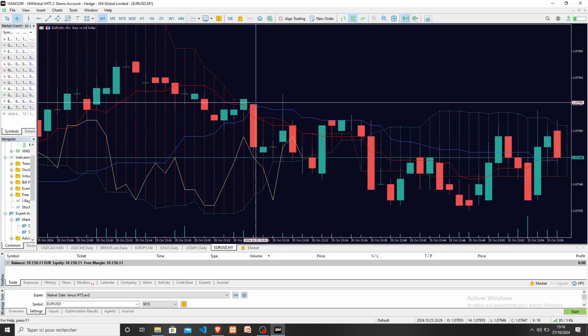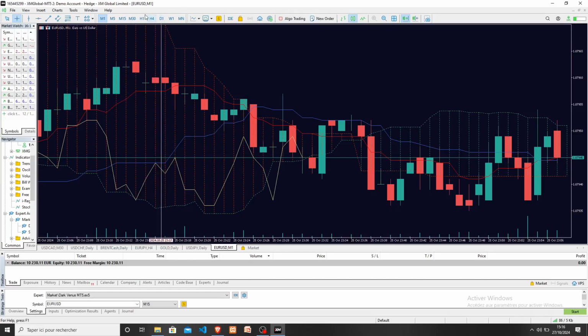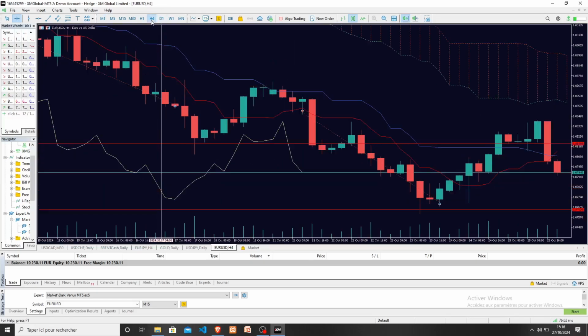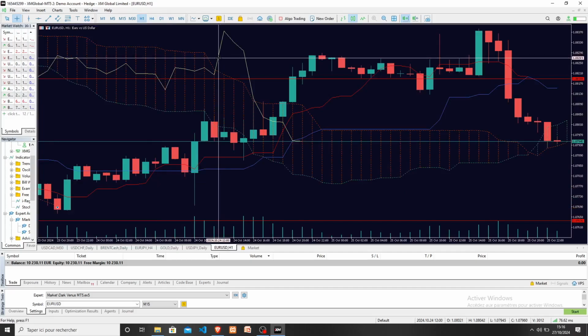So all of that being said, what is the best time frame to use? Personally, what I would use and what I am using right now and what I would recommend is always to choose between these three. Either the daily time frame, the 4-hour time frame, or the 1-hour time frame. These are the three best.